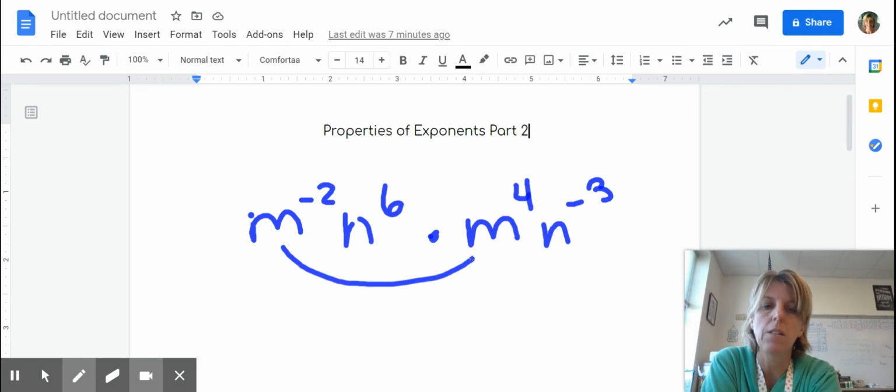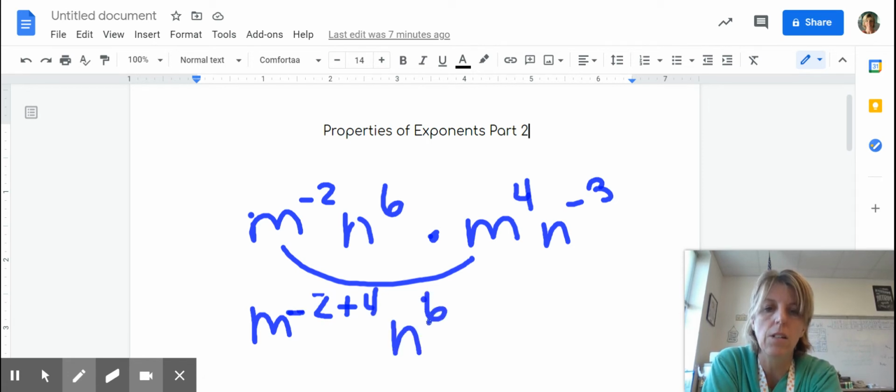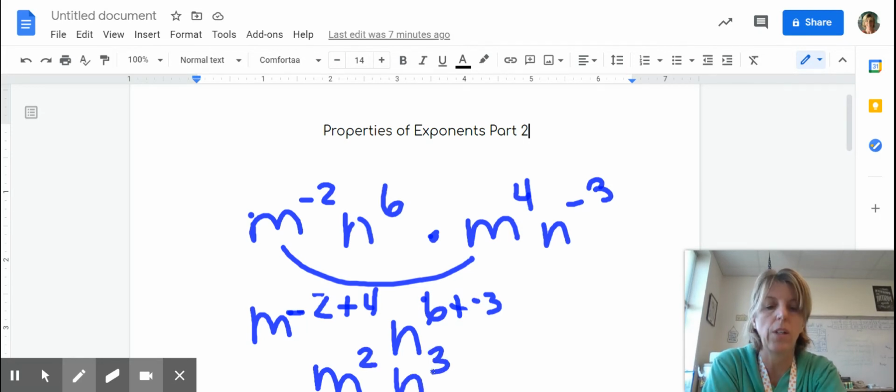We're going to multiply these and get m to the negative 2 plus 4, and then n to the 6 plus negative 3, which is going to be m to the squared, right? M second, and n to the 3rd. So I get m squared, n to the 3rd.